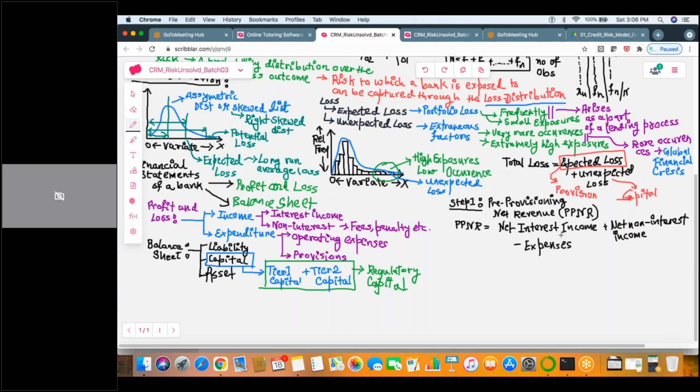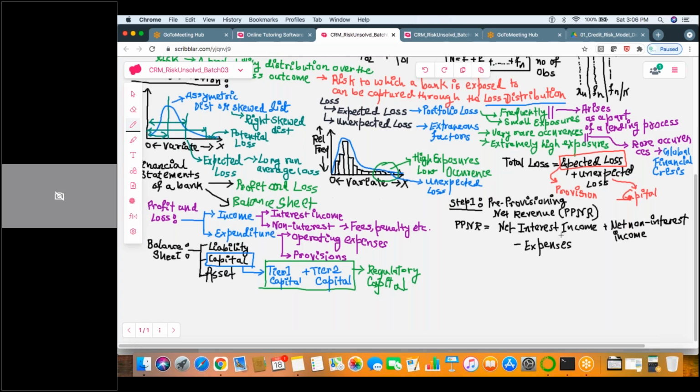This is the revenue before you adjust the net revenue for the provisions. So this is step one. This part shows that this is the total net income that has come in, this is the expenditure that has gone out, and after you have adjusted the two, whatever you get is your PPNR.